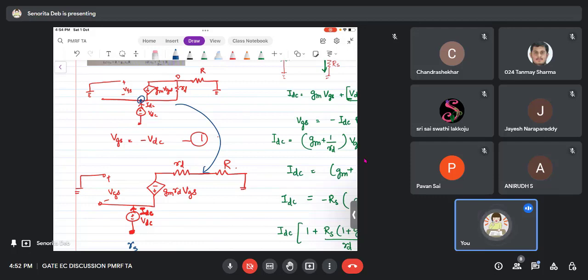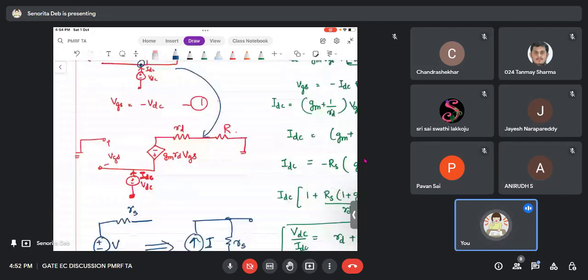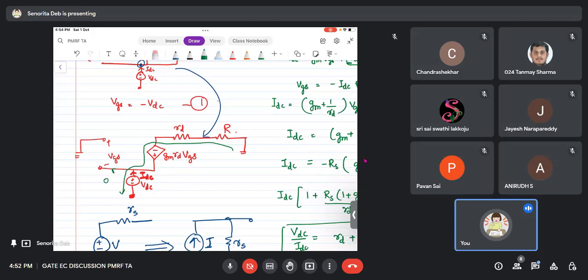Now you can apply a straight KVL here, right? The current flowing is IDC, because here it is zero current. So IDC is the current.